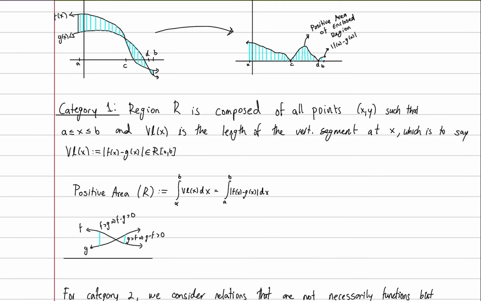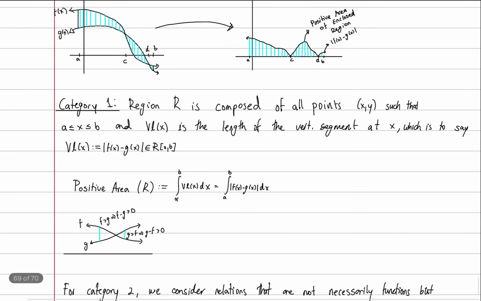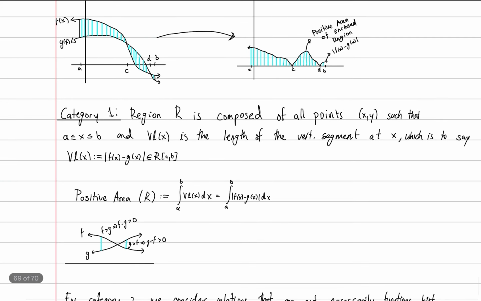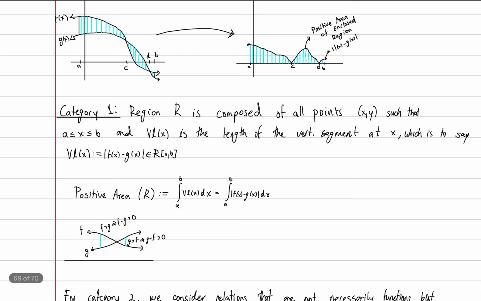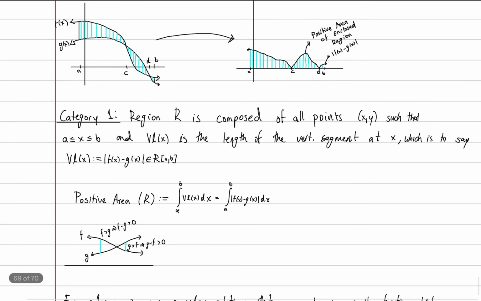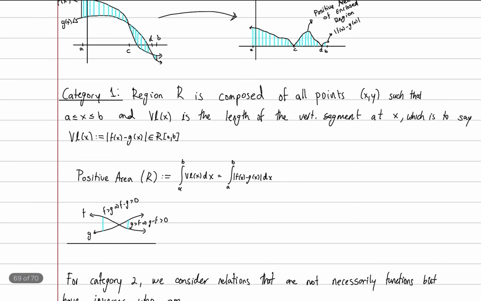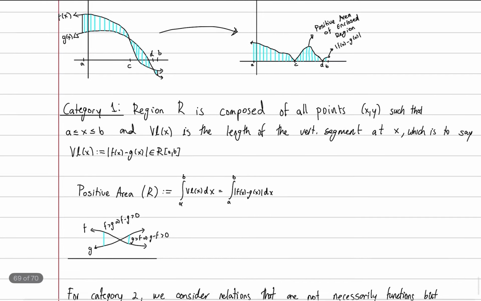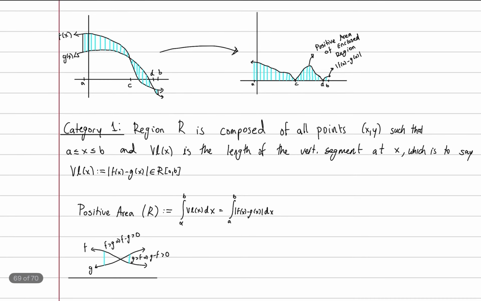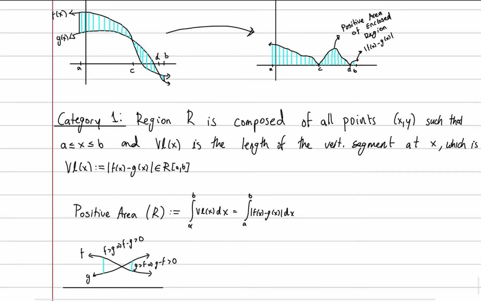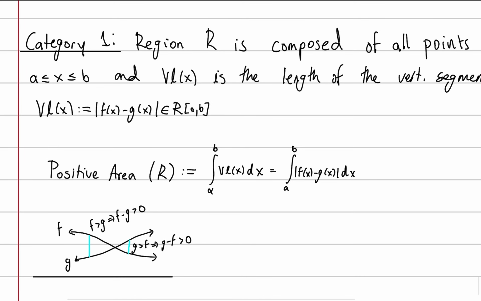And VL, the vertical length of x, at any point, is the length of the vertical segment at x, which is to say the vertical length of x is just the absolute value of f of x minus g of x. And of course, assuming f and g are Riemann integrable, this function itself is Riemann integrable on the interval. We define the positive area of R to be just the integral from a to b of the vertical line segment, which is also the integral from a to b of the absolute value of f minus g.